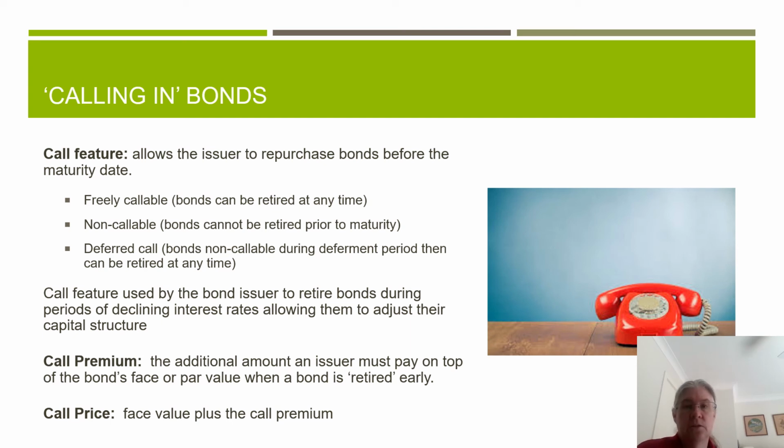Now to do this, there's usually a call premium, an extra amount they have to pay on top of the bond's par value or face value to make up for the fact it's being retired early. And there's a call price, the face value plus the call premium. So we add those two together.